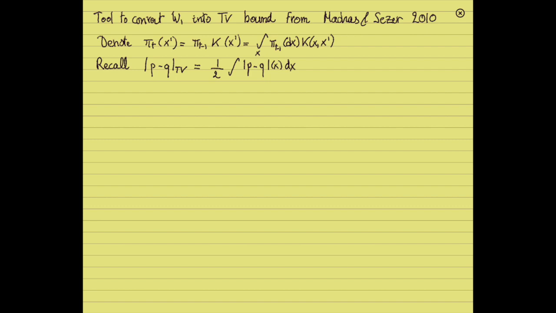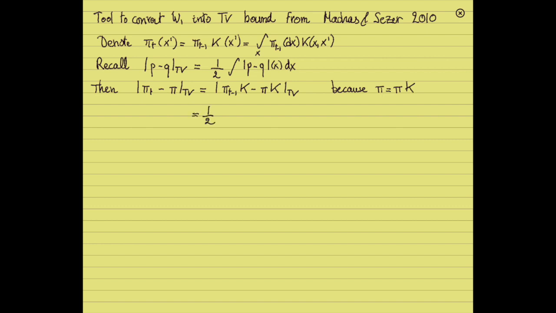So equipped with those reminders, we will consider the total variation distance between pi t and pi. Pi is the invariant distribution. We write this in terms of the kernel as pi t minus 1 k minus pi k. And of course, here we use the fact that k is pi invariant, so pi is equal to pi k.